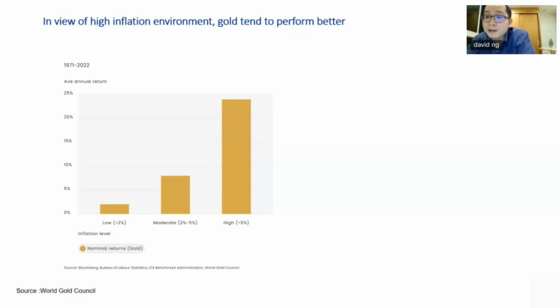In a high inflation environment, gold is also well supported because of the high inflation we are seeing, whether in the US or around the globe. So that's also giving a bit of support to gold prices.